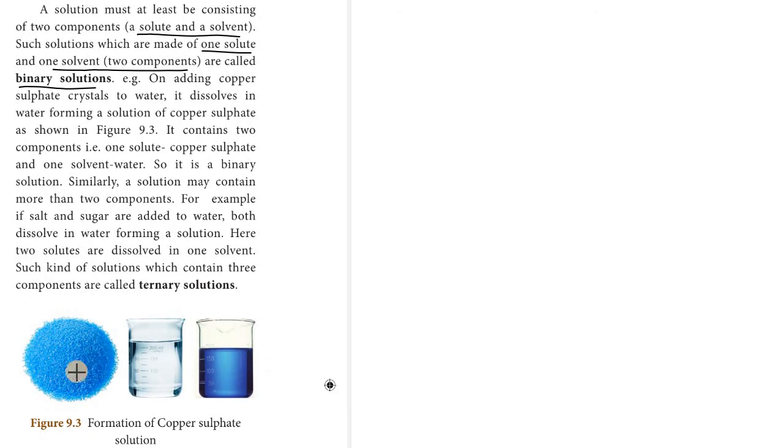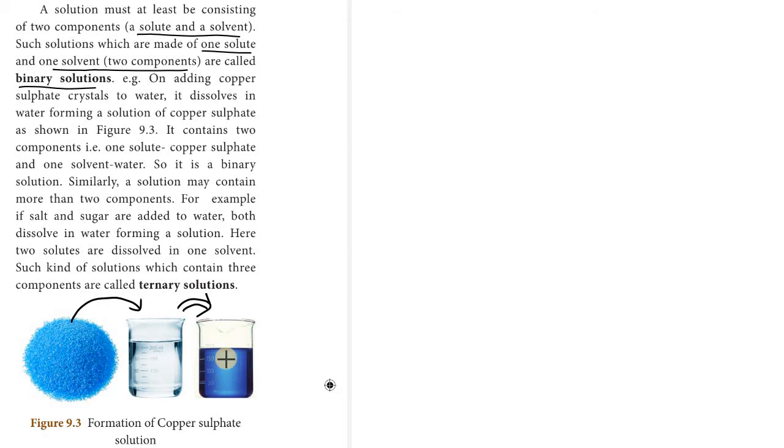See, what do you see over here? This is basically copper sulfate. This is how it looks. So you add copper sulfate in small amount in water, and as a result you get this copper sulfate solution. Okay, a solution of copper sulfate in water. See the color, it's somewhat bluish, right?